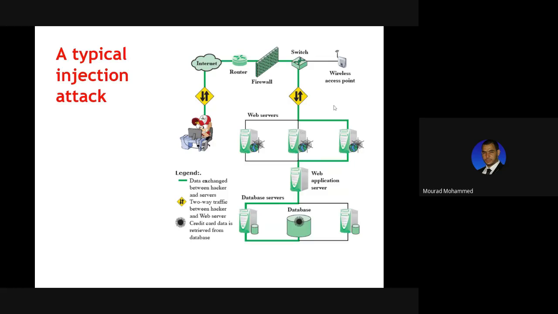Here we are able to see a path from which a user is reaching the database. See the green line here, following a certain path. It's not unique, because it might go through here, then here, then here. But this is one of the paths that the query goes through in order to reach the database. Here we are seeing layers. Layer number one, in the internet, there might be so many layers: router, firewall, switch, and so on. Server number one here, server number two here, and the database server number three.